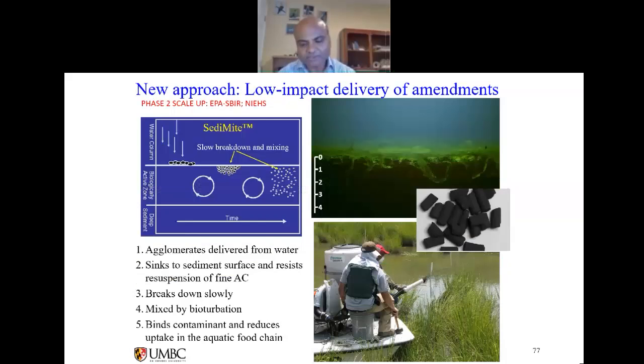So we are fortunate to get some support from EPA through a small business innovative research project, which was then supplemented with additional funding from National Institutes of Health to come up with a novel approach of delivery of these amendments, which has low impact. One of the problems with carbon is that it's very light and it would float in the water.